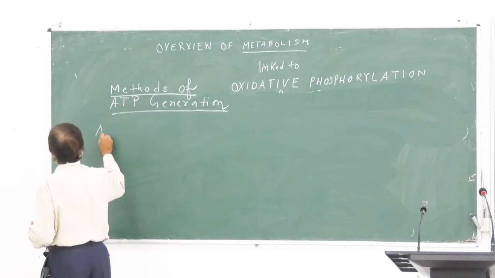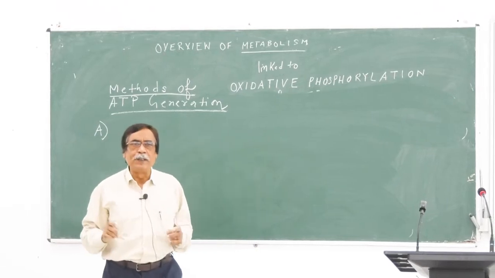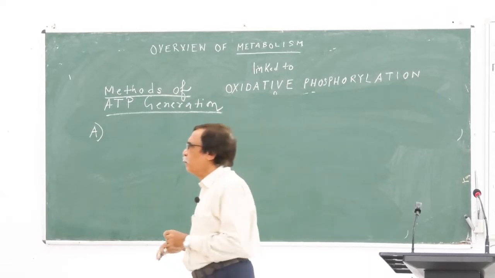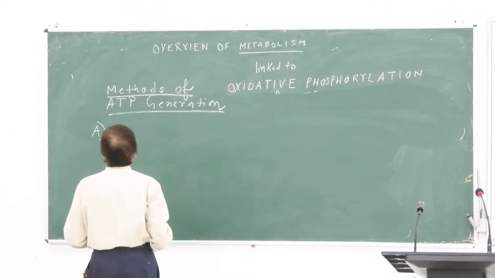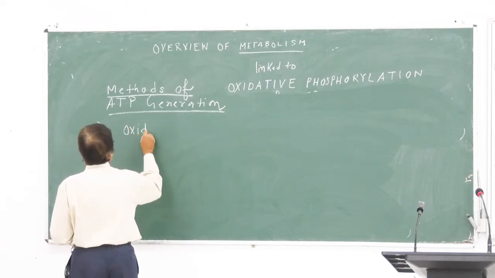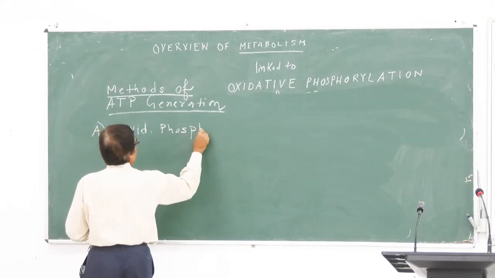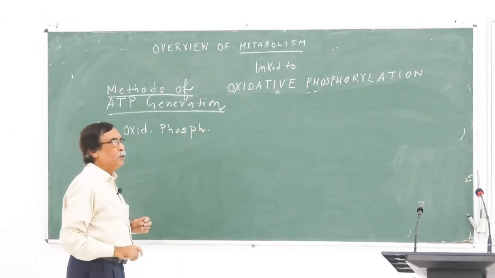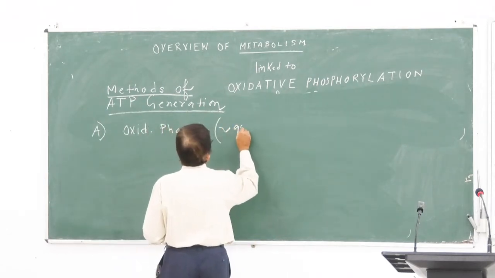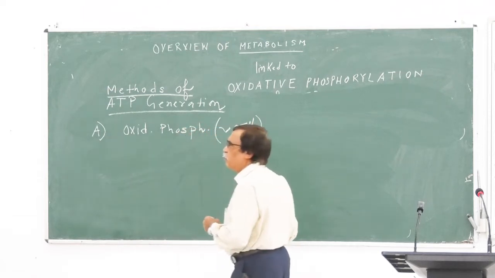Of course, 95% of the total ATP used up in our body, that is the major ATP, is formed by oxidative phosphorylation. Major means approximately 95% of the total ATP is generated by oxidative phosphorylation.